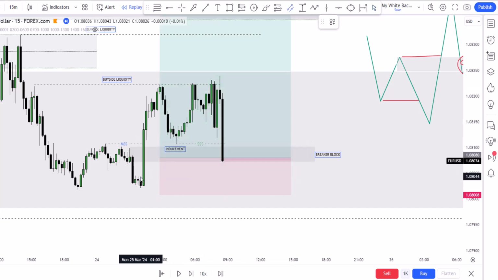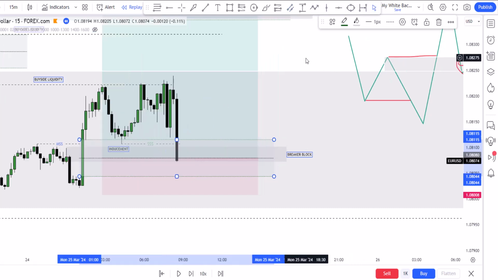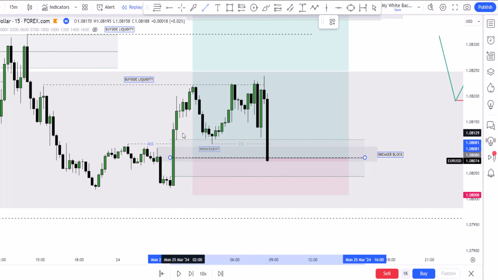This fair value gap, you see this candlestick? If you take it up to that point, this place and this place. Because this fair value gap is very big, what we do is take the trade at the middle of it, exactly the 50% of the entire fair value gap, and then it has the confluence with the breaker block.